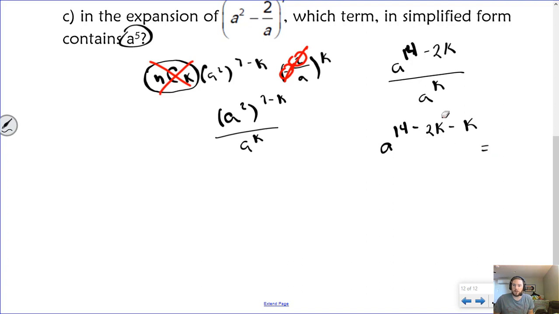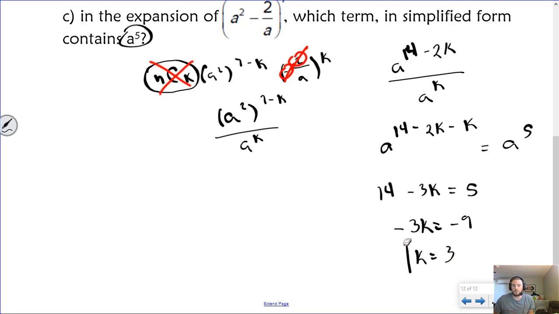And then that, we want to know what value of k is going to make this thing a to the 5. So now it's just a matter of solving. 14 minus 3k is going to be equal to, sorry, it's going to be equal to 5. So I subtracted 14 from both sides, and I get negative 3k is going to be equal to negative 9, or k is 3.